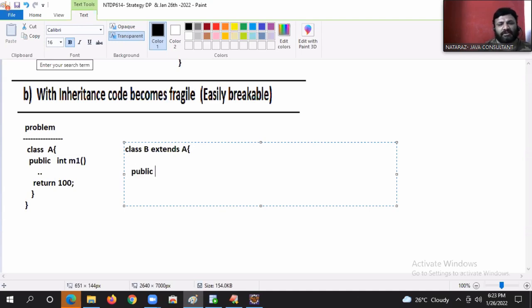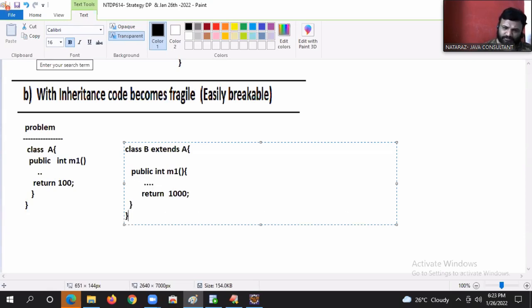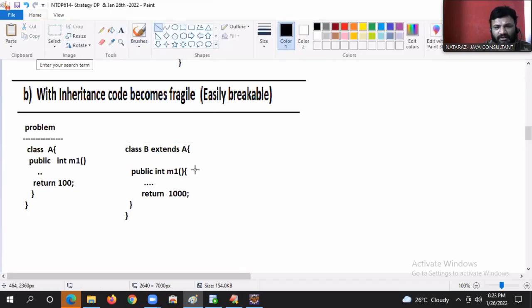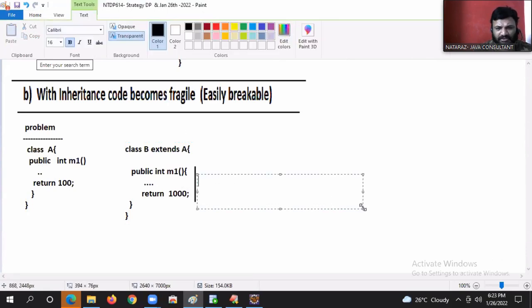Next, what we got? Public int m1. I'm changing this one to return 1000. Okay, overriding, boss. Can I call this an overridden method? The same signature of the superclass is there here. Overridden method.